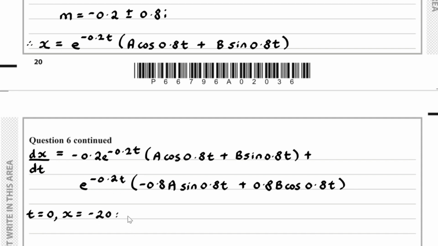We've got minus 20 equals e to the power of 0 multiplied by a times the cosine of 0, and then we add on b times the sine of 0.